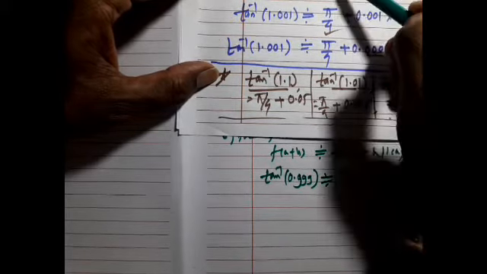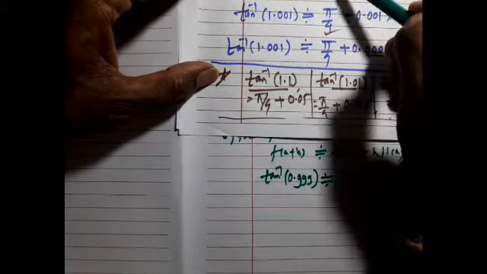So just these examples, just like previous examples we did here. So we can find tan inverse 0.99. Next, tan inverse 0.999, third already taken, and then tan inverse 0.9999.